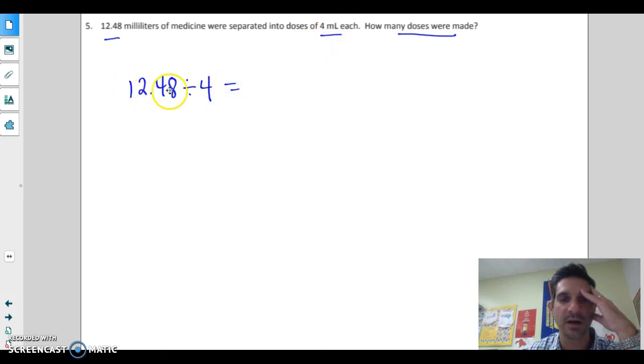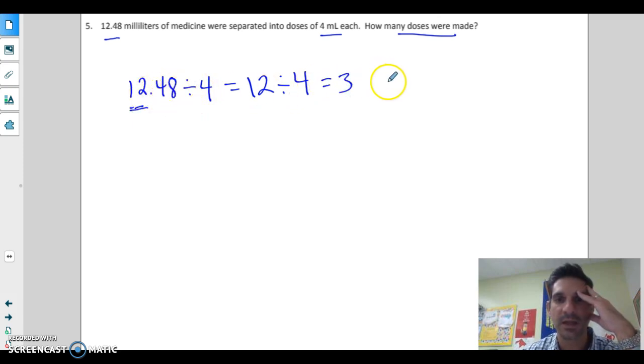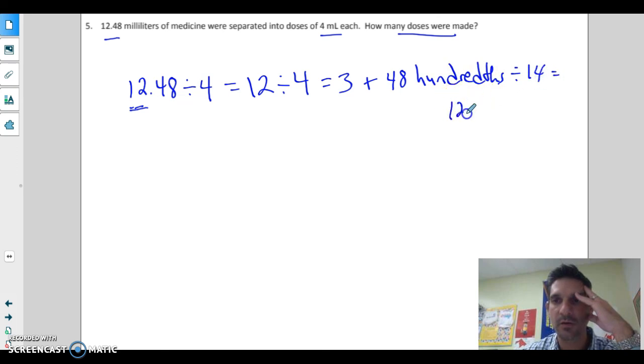Well, I can break this down. I can do 12 divided by 4 because I know my facts. 4 goes into 12 and 4 goes into 48. Well, that equals 3. And I could do plus 48 hundredths divided by 4 equals 12 hundredths.